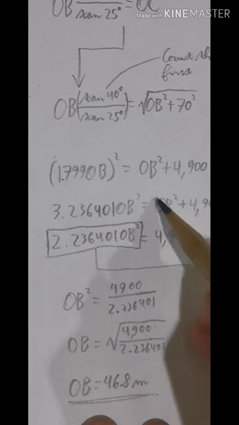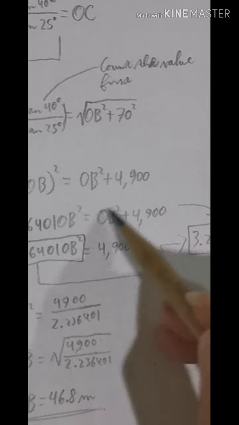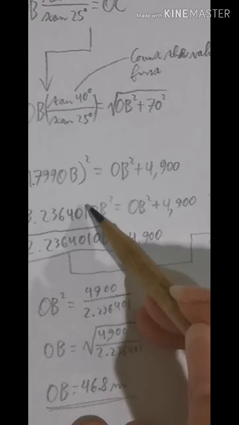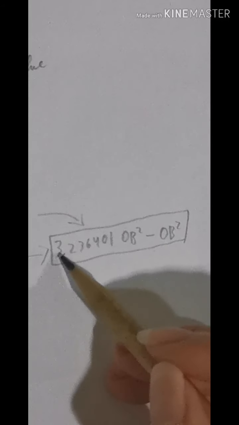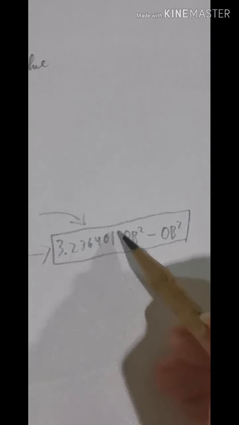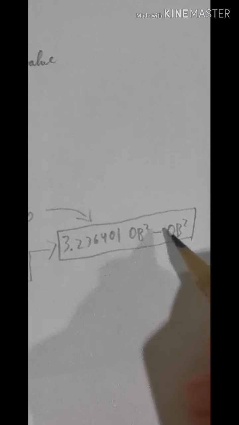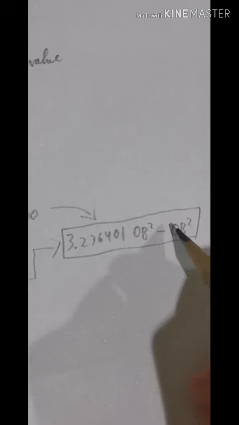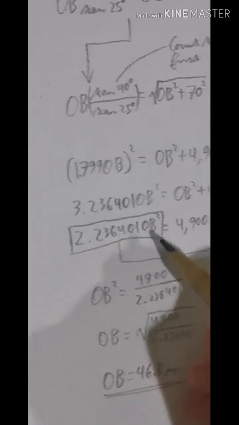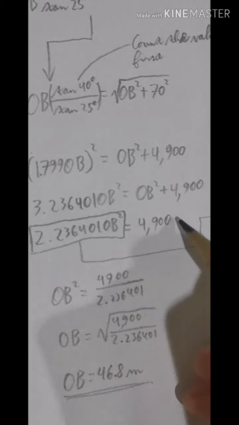But since this was positive, and the relationship with this one is not multiplication but addition, if moved here, it becomes negative. So you subtract it. 3.236401-ish OB squared minus OB squared, which is basically 1 OB squared. And it becomes that, equals 4,900.